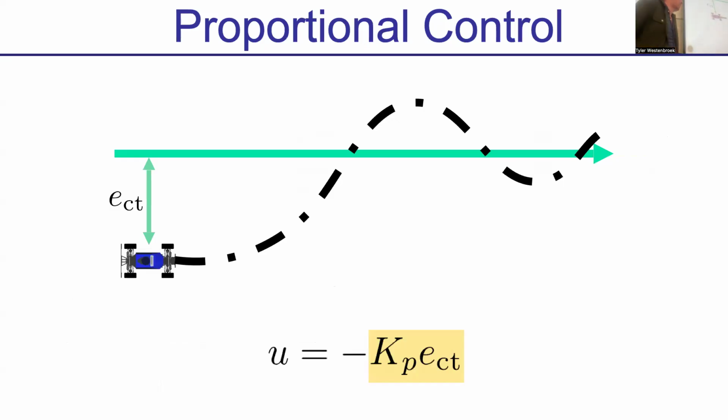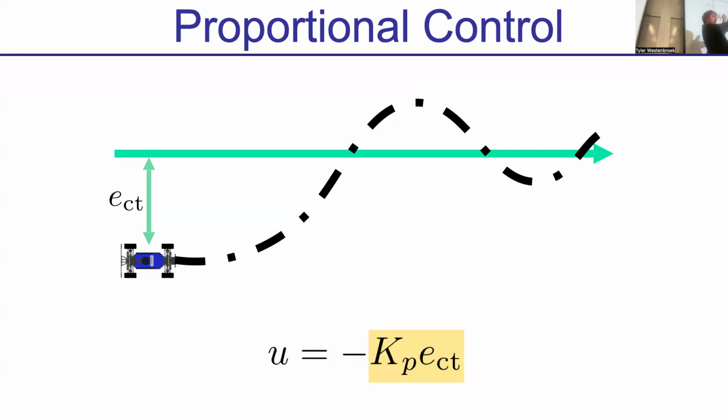Okay, so let's think about what happens if we only applied the proportional controller. The situation is going to look a little bit similar to the bang bang approach. The reason for this is I'm still doing the same thing as before: if I'm below, I'm always trying to push up.